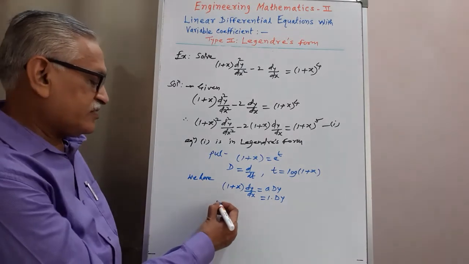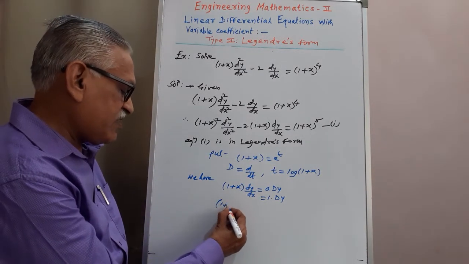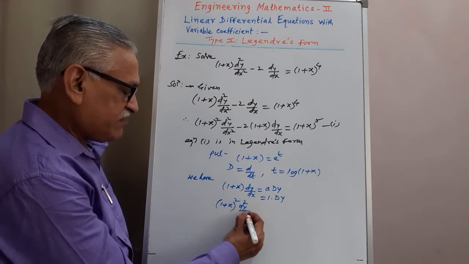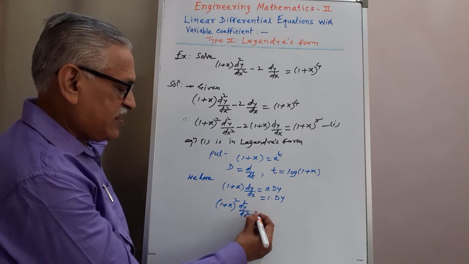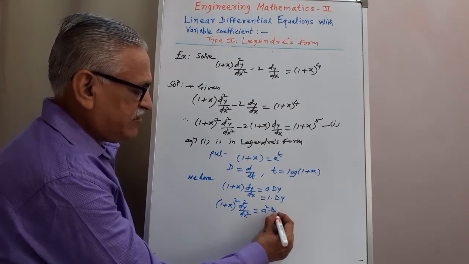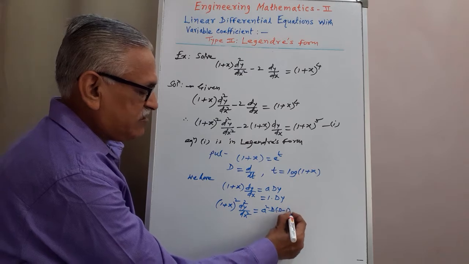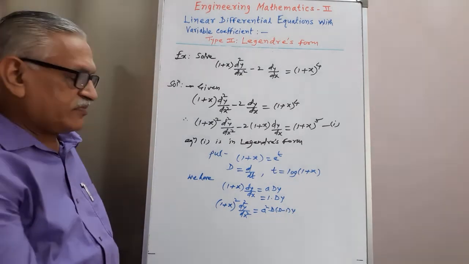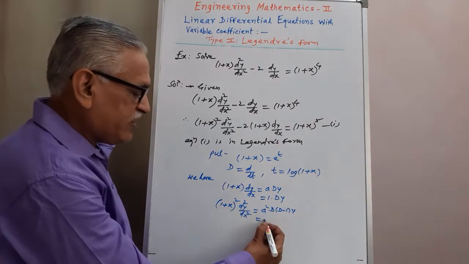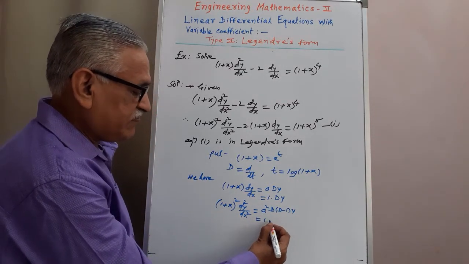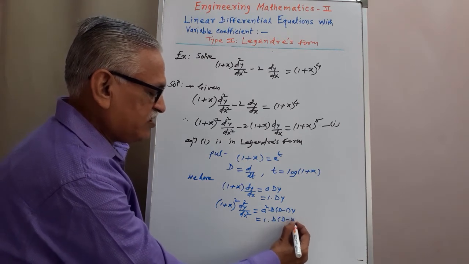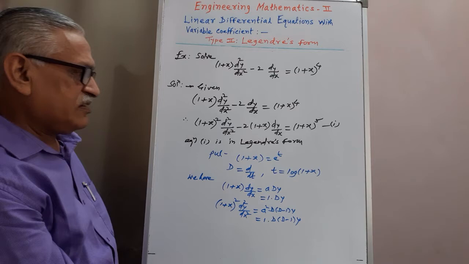Second, (1 + x)² d²y/dx² is A² D(D − 1) y. Once again substituting the value of A as 1, therefore 1 square is 1 into D(D − 1) y.